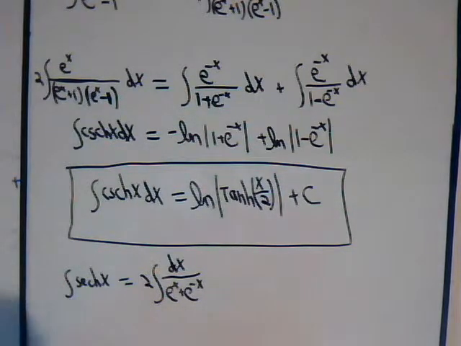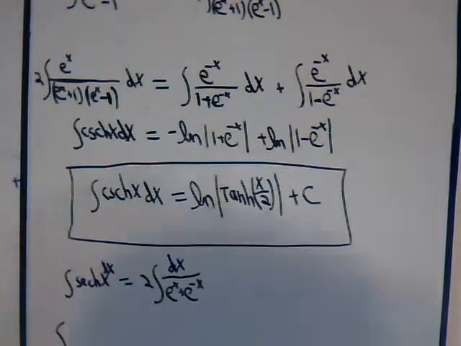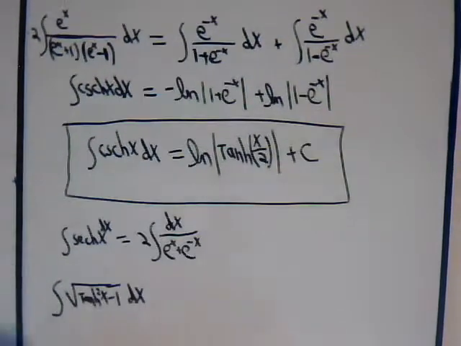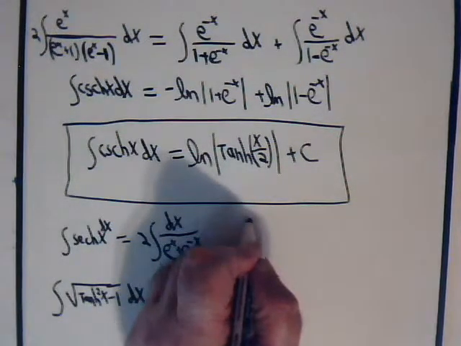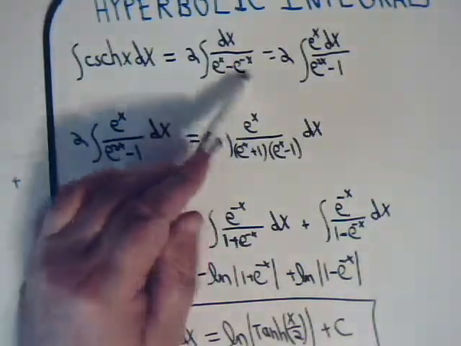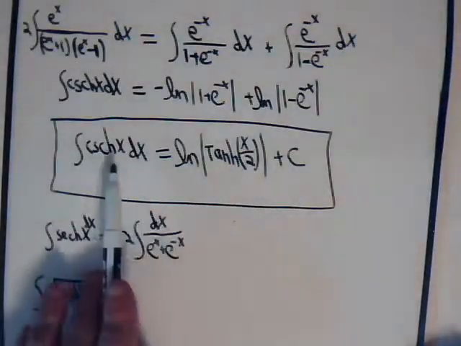But when we approached this problem by writing it like this, the hyperbolic secant squared of x is the same thing as 1 minus the hyperbolic tangent squared of x. When we rewrote the problem like this, we got an answer right away, no problem. With the hyperbolic cosecant, we put it in its basic definition, and eventually we got the answer.